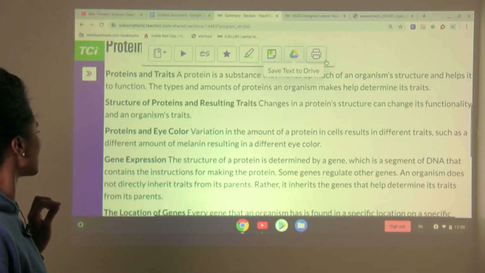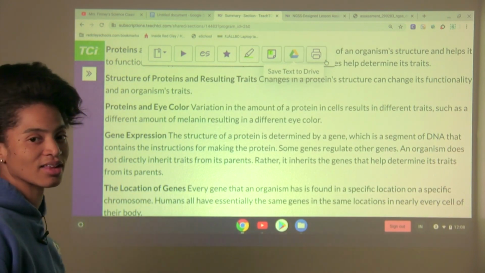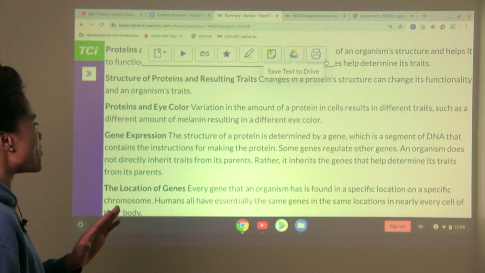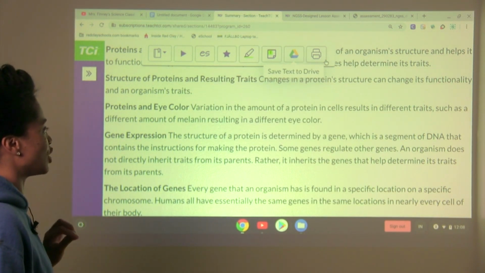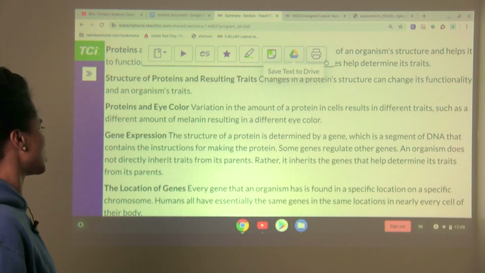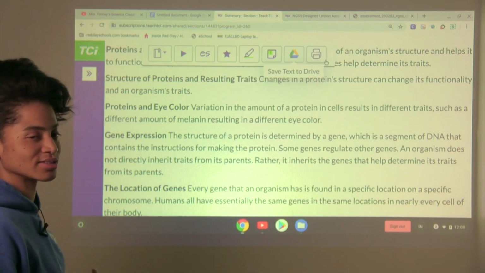Next, section 3 was titled Proteins and Eye Color, and it says variation in the amount of a protein in cells results in different traits, such as a different amount of melanin resulting in a different eye color.